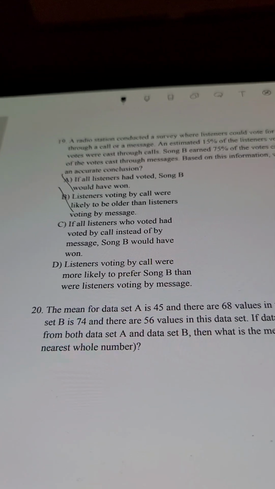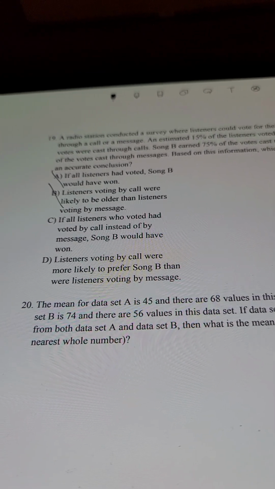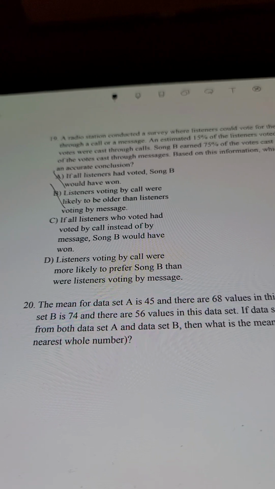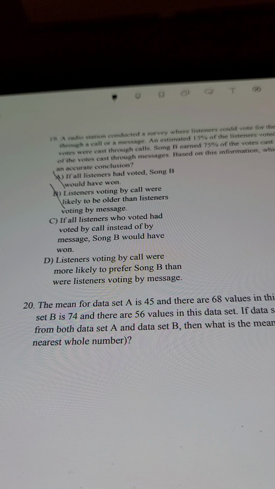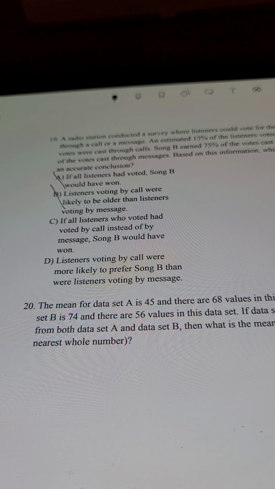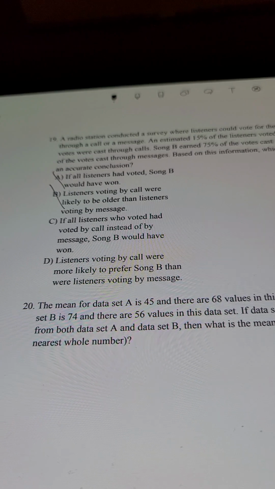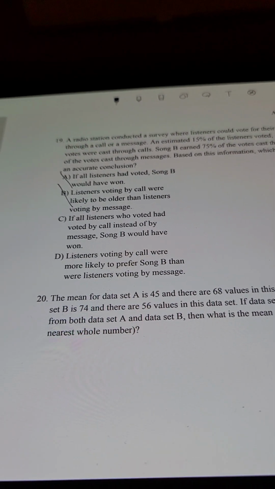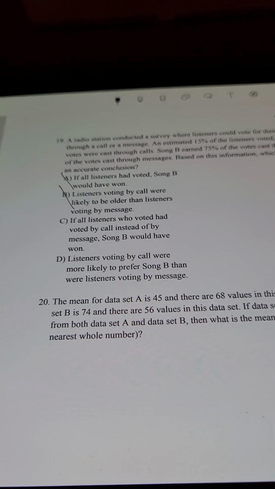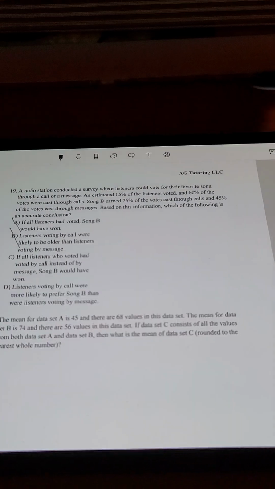So let's look at D. Listeners voting by call were more likely to prefer song B than were listeners voting by message. You see how that wording is a lot better than C, for instance, which is saying they definitely would have won. It's just saying that listeners voting by call were more likely to prefer song B. That's not as definitive of a statement.